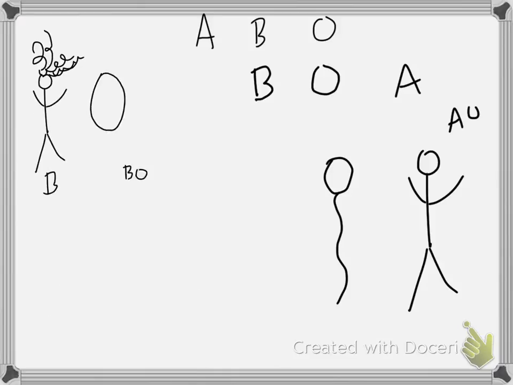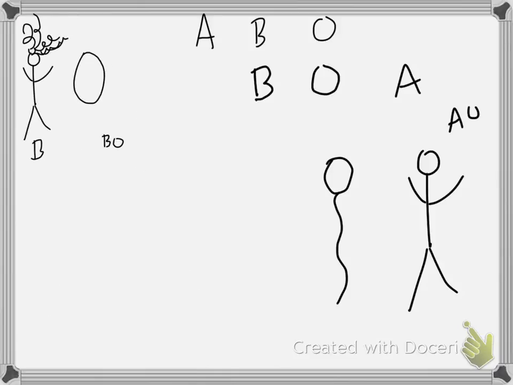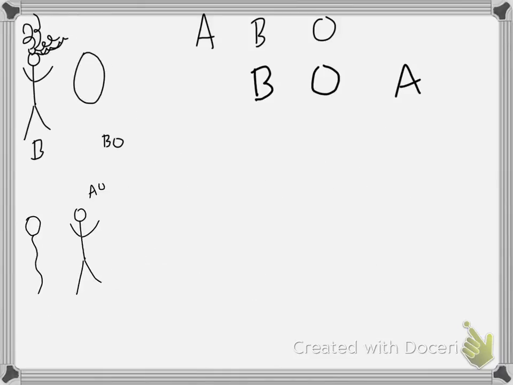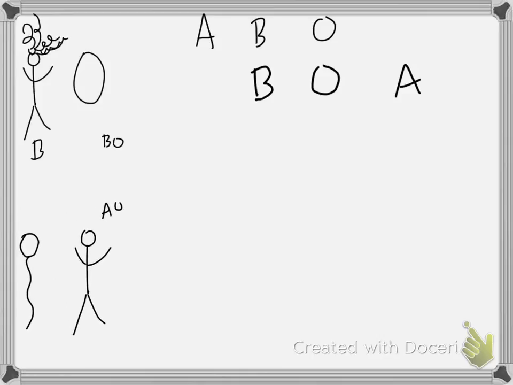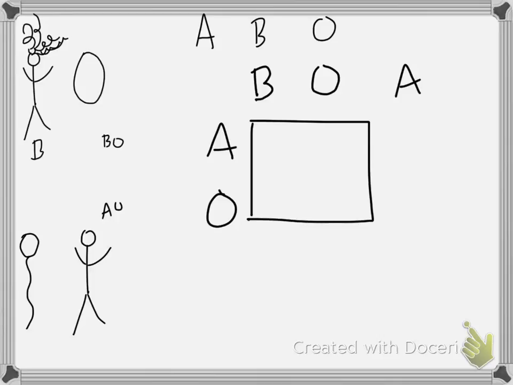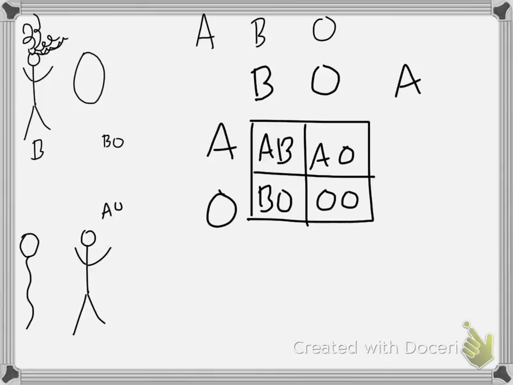What about all the sperm that Dad produces? What are the possibilities? A or O. Yep. So what are the possible blood types for their offspring? Whoa. There are 4 possible genotypes for their offspring.